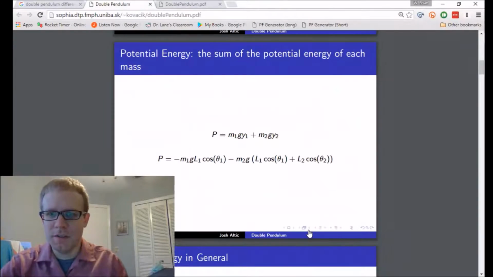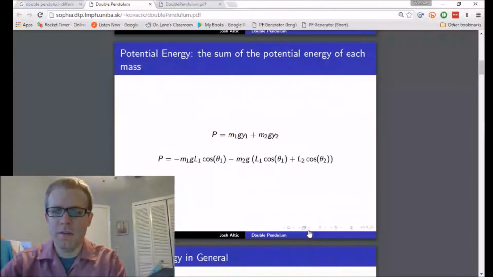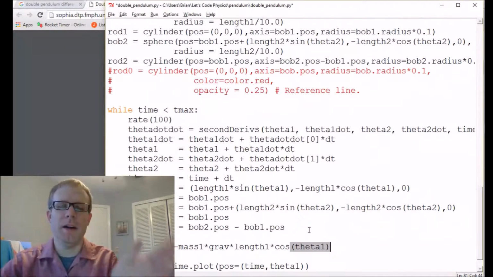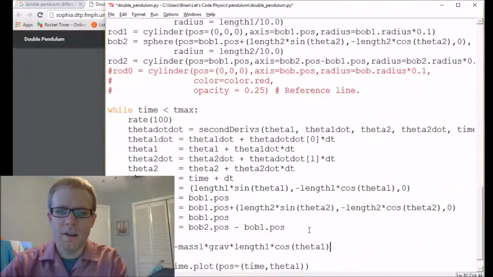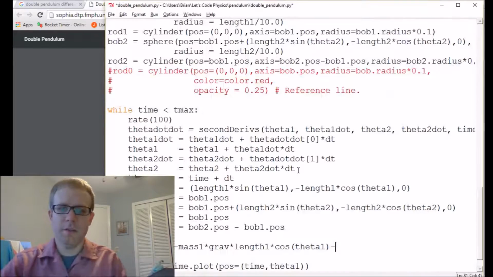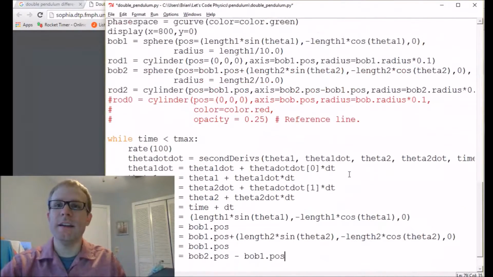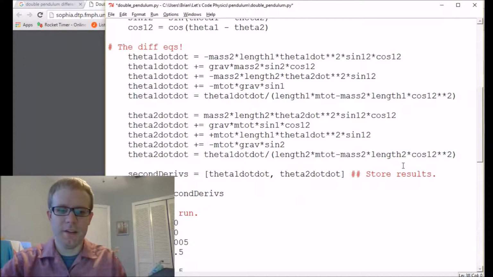Energy equals negative mass 1 times grav, L1 cosine theta 1. I'm not going to bother calculating cos 1 and cos 2, etc. for this part. Although actually, yeah, no, that would be easier to write, because I can calculate that here, because I have all of that here.